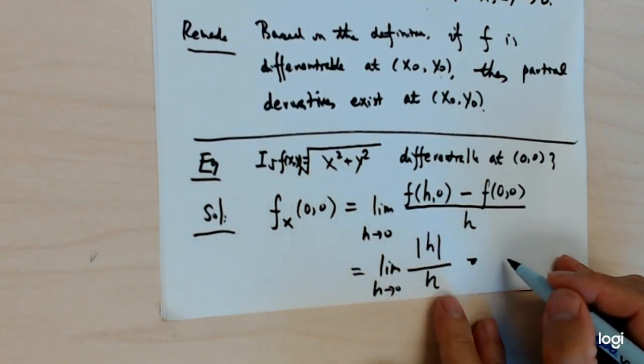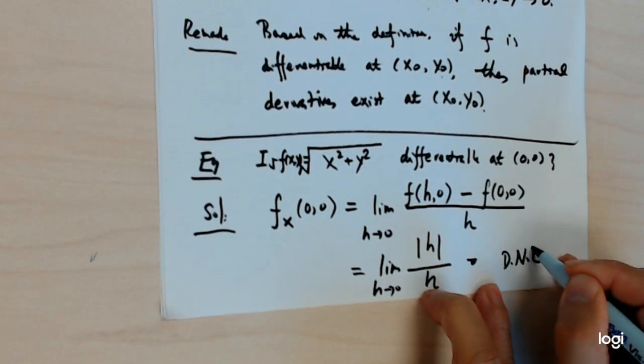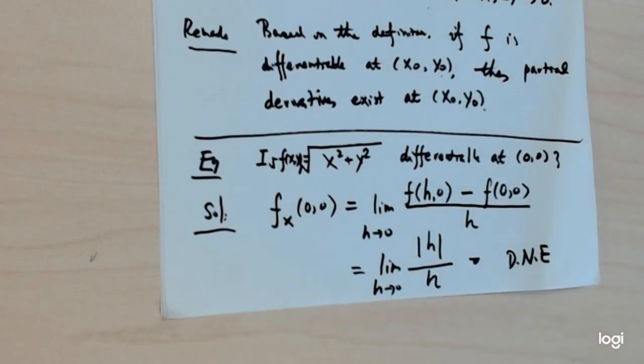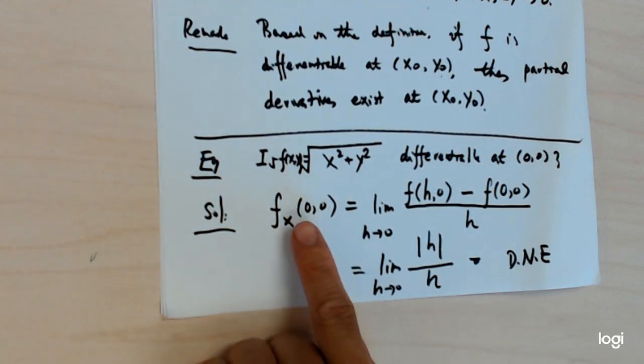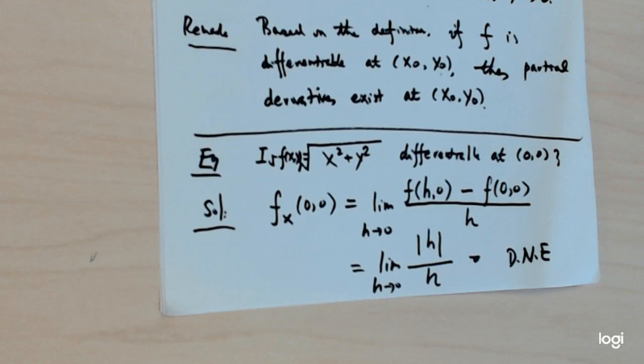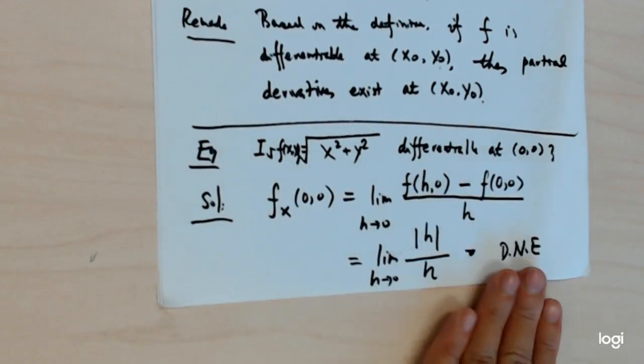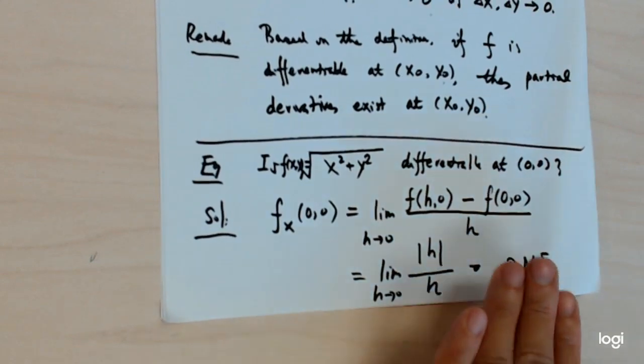So I will simply say this limit does not exist because the left side limit and right side limit do not agree. That's why we say this partial derivative does not exist, because this limit does not exist. This limit is how we define partial derivative. And the fact that this partial derivative does not even exist alone is enough to say this guy is what?